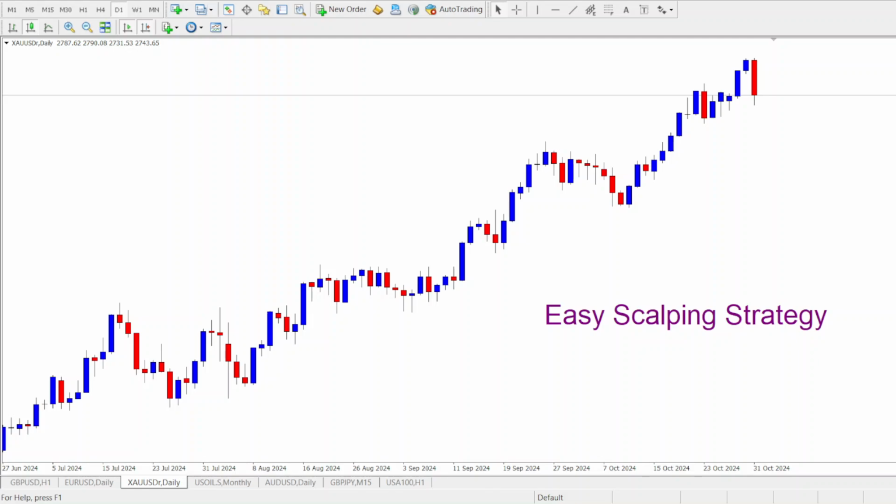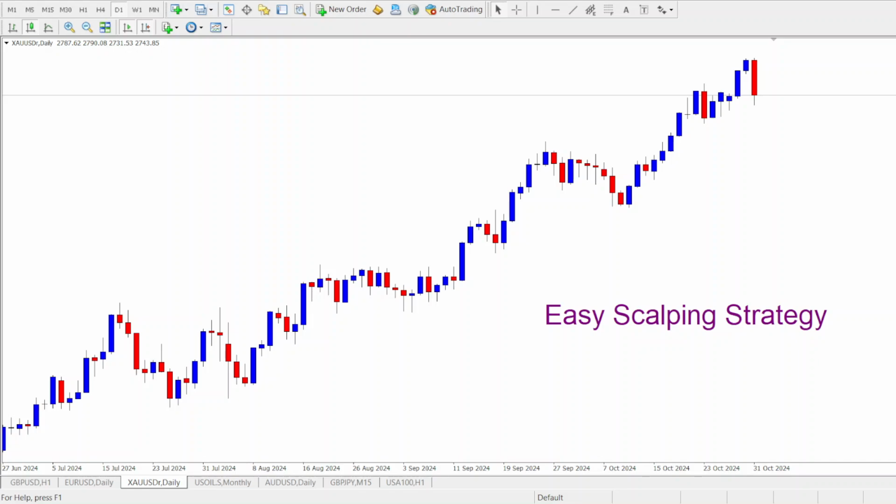So first off, what is scalping in Forex? Scalping is a style of trading that focuses on capturing small price movements within short periods. We are not talking about holding positions for days or even hours. Scalping is all about being in and out of the market quickly, often within minutes.